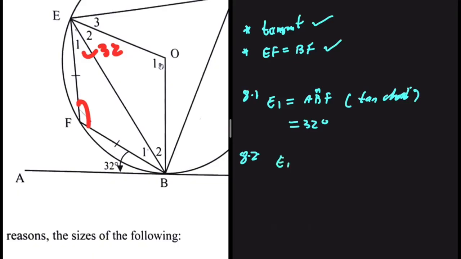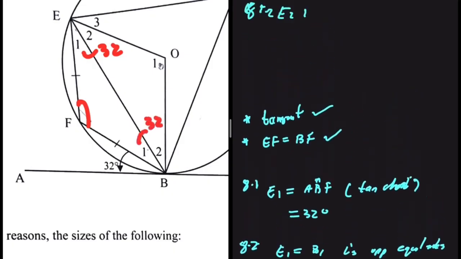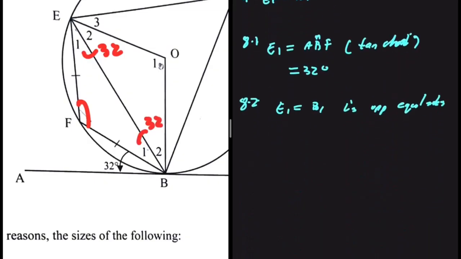So E1 is equal to B1 because those two angles are opposite equal sides. So they should be equal to each other. So if E1 is 32 and B1 is 32, it will be easy to find the size of angle F using the sum of angles on a triangle.